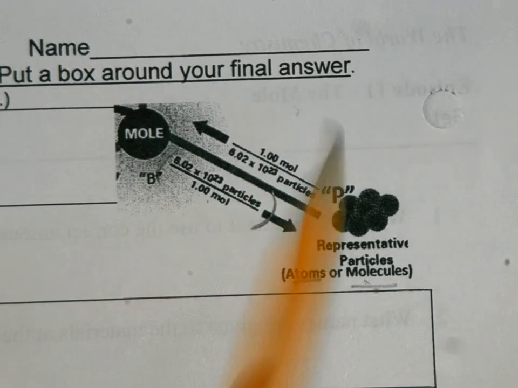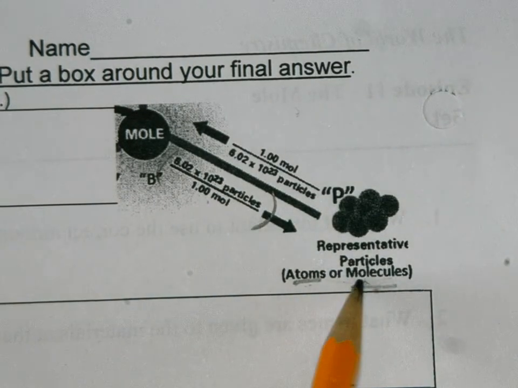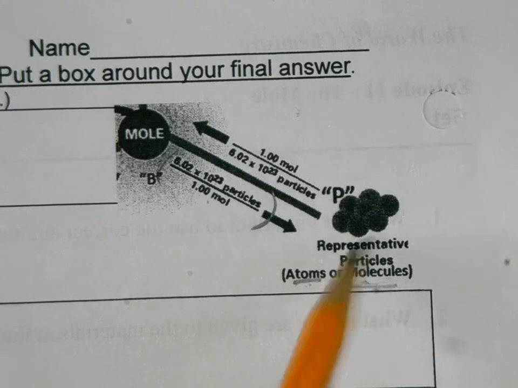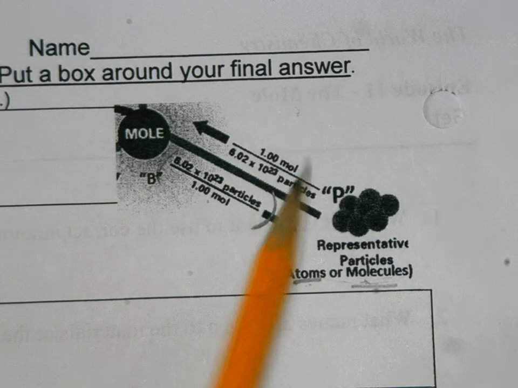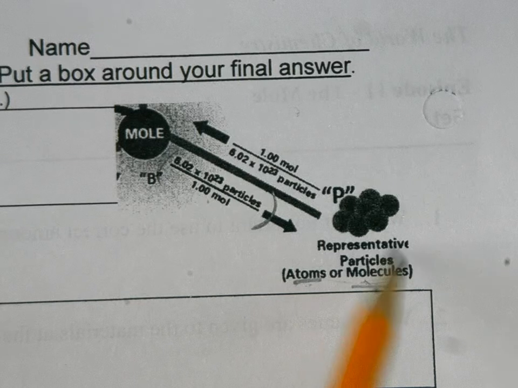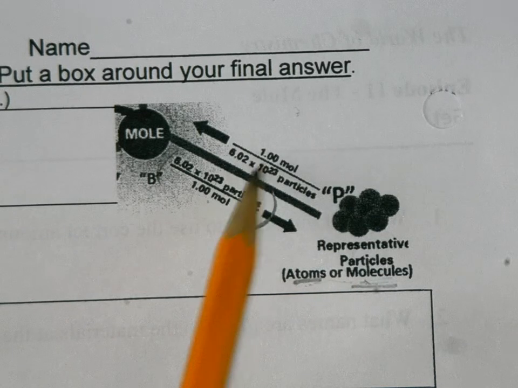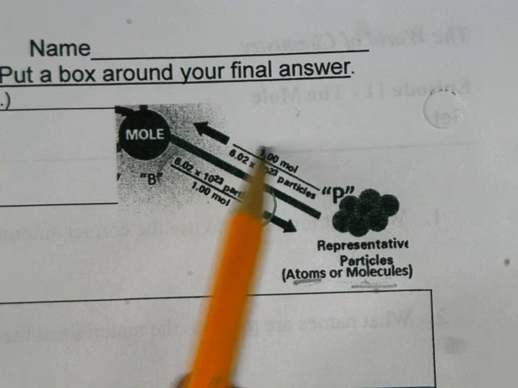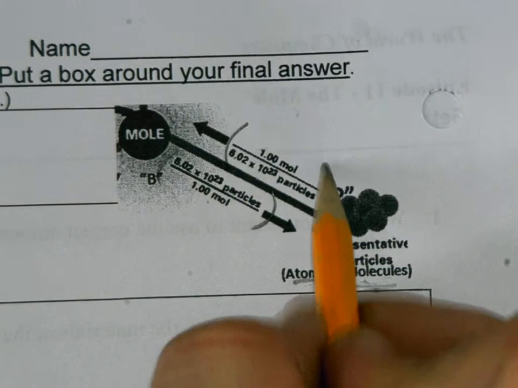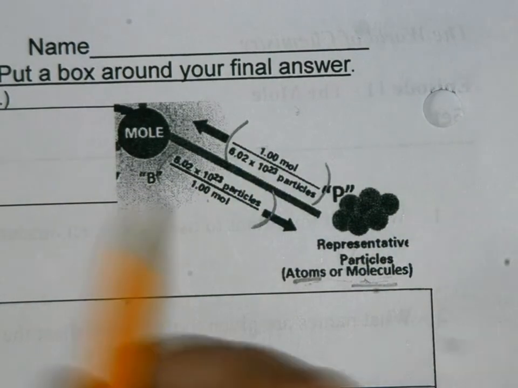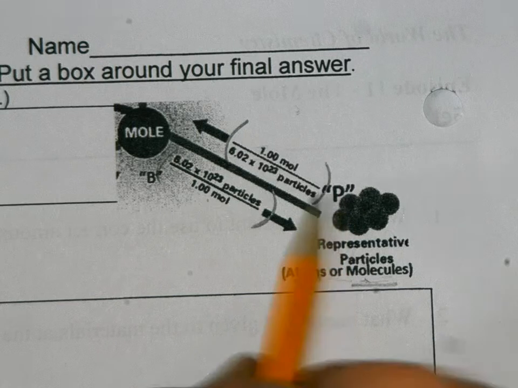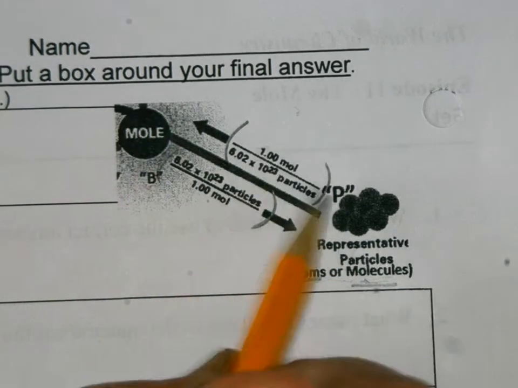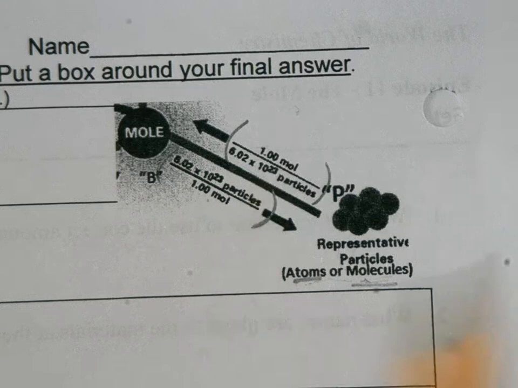Or if we give you the number of molecules or atoms, to convert that back into moles, you're going to divide the number of atoms or molecules by Avogadro's number, 6.02 times 10 to the 23, with 1 mole over. These become the conversion factors, because remember, stoichiometry is just a series of conversions, and when you're going from number of molecules to how many moles, you divide by Avogadro's number.